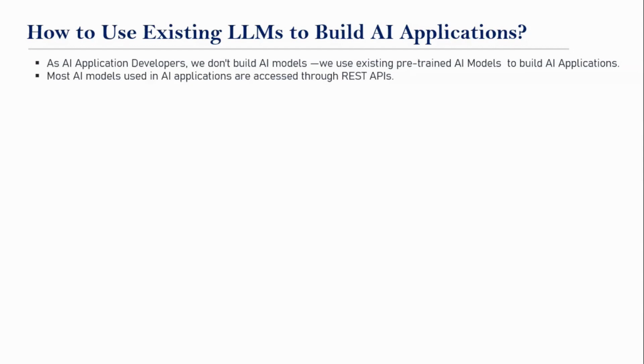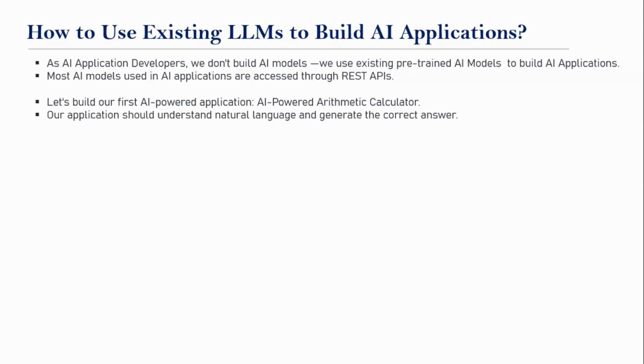That's it. Now, let's build our first AI powered application, that is an AI powered arithmetic calculator. Be clear, we are building an arithmetic calculator with AI. So our application should understand natural language and generate the correct answer.